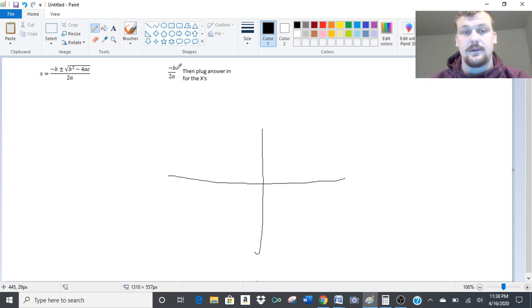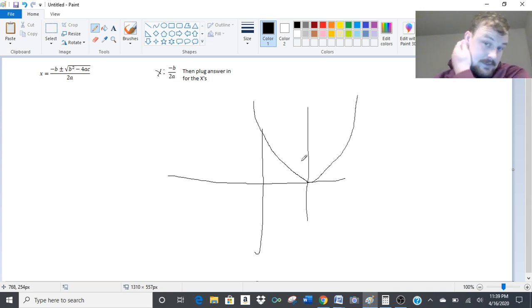It's supposed to be x equals negative b over 2a. What you get from this answer gives you the axis of symmetry, the middle line that is going to be symmetric for the quadratic equation. So that just gives you the x.